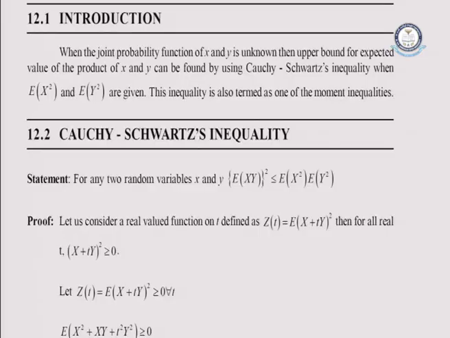This is also termed one of the inequalities. These random variables are very helpful in finding this inequality. This expression is less than or equal to the product of the squared terms of the random variables only, because this is a real valued function.